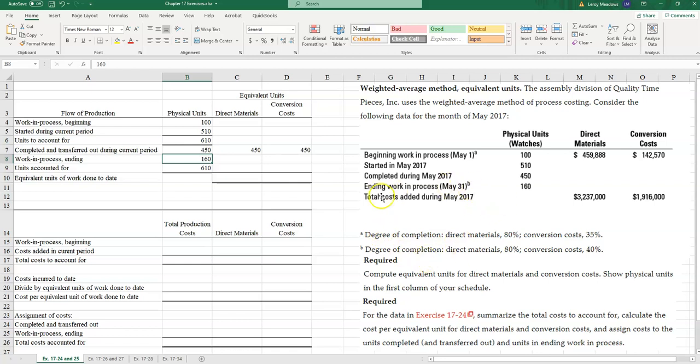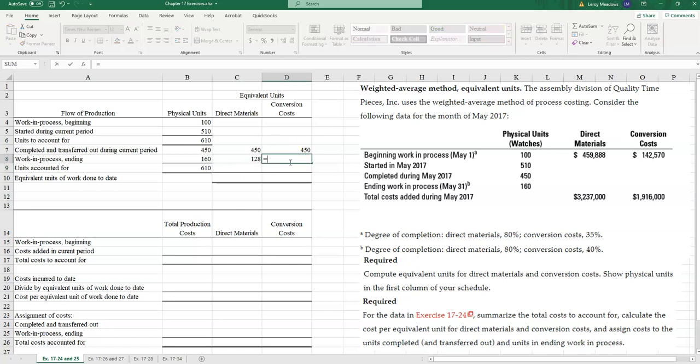We're given a footnote B, so we go to B: degree of completion, direct materials 80%, conversion costs 40%. So 80% of 160 is 128 equivalent units for direct materials in ending work in process inventory.